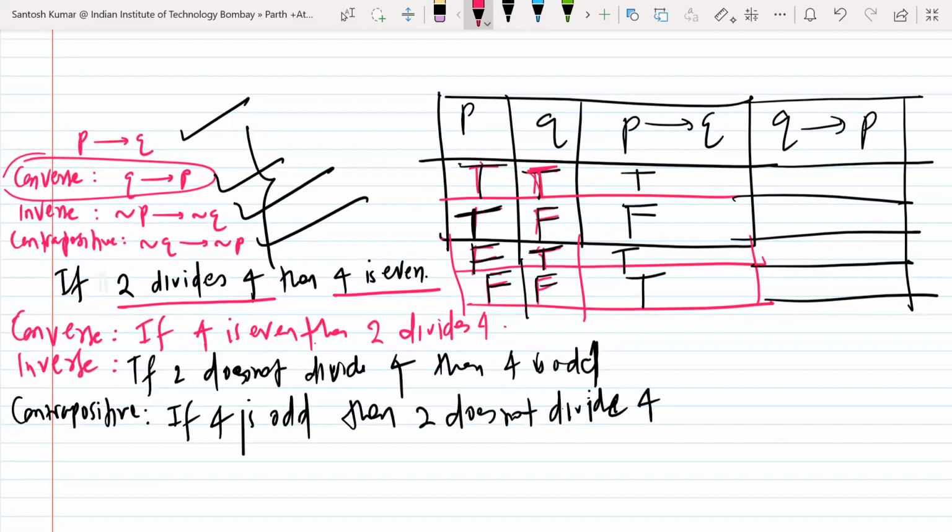True implies true, true. False implies true, true. True implies false, false. And false implies false, true.